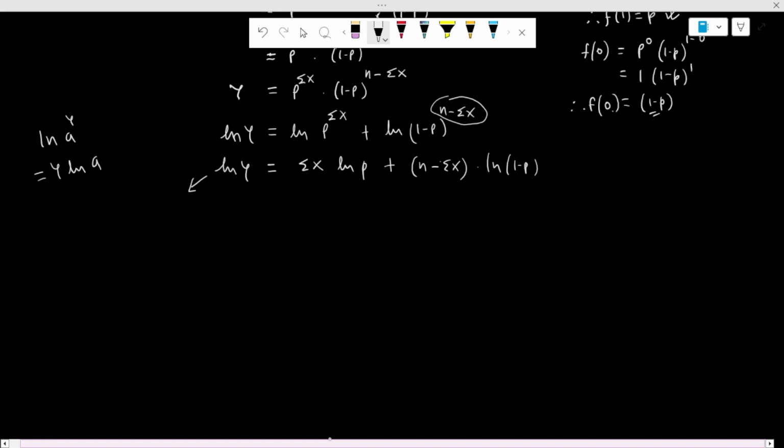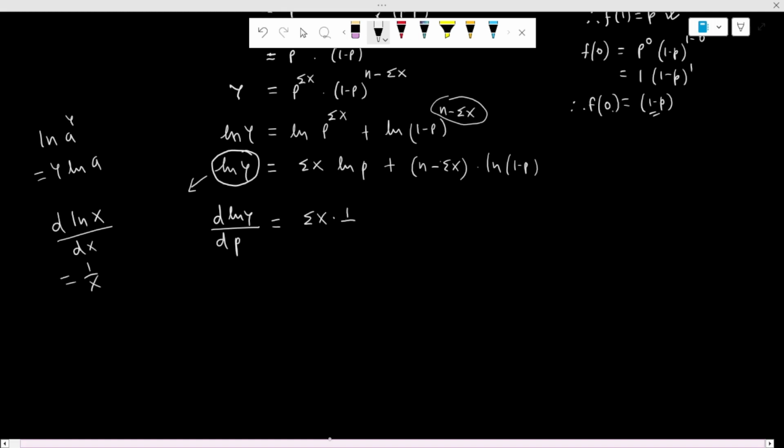now to maximize or optimize this likelihood function, we take the first order derivative and set it to 0. Therefore the derivative of this with respect to the unknown parameter, here it is p, is equal to summation of x. Here we have log p, and another property related with log: the derivative of log x with respect to x is equal to 1 by x. Let us apply this property.